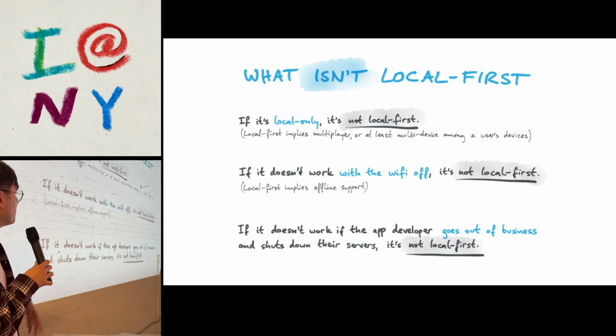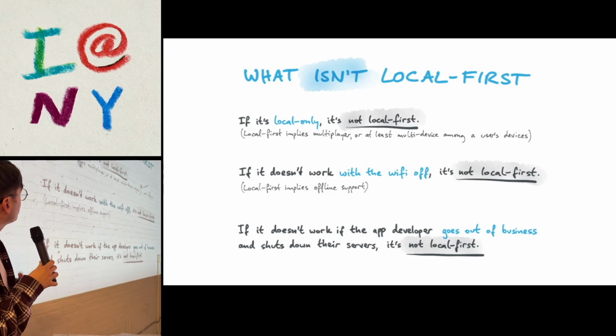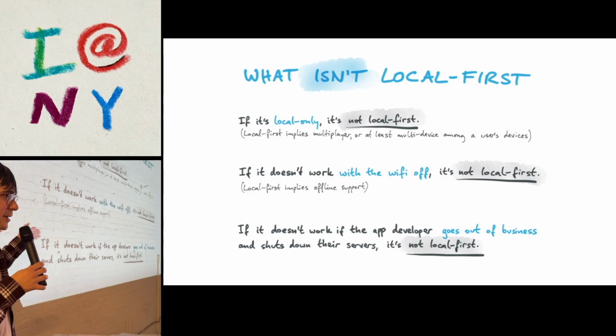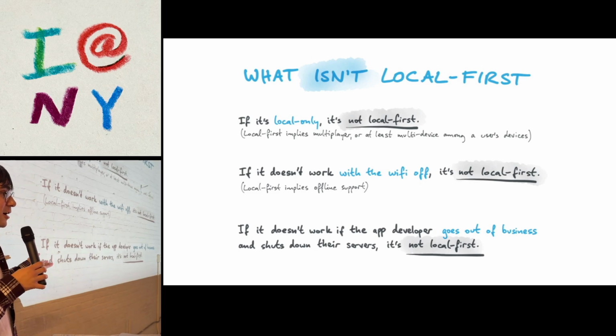So this is a slide I took from Martin Kleppmann's keynote at a recent Local First Conf, or the second most recent. If it's local only, like if you're not sending updates over the network, it's not local first. That makes sense. If it doesn't work with the Wi-Fi off, it's not local first. You need to have some sort of offline access.